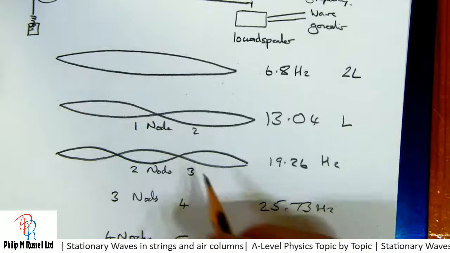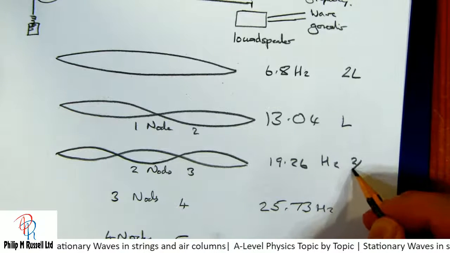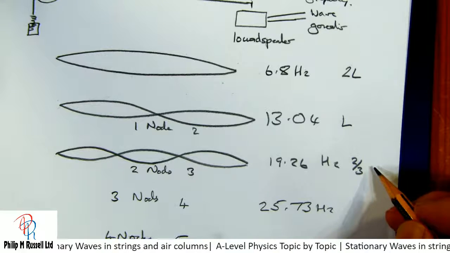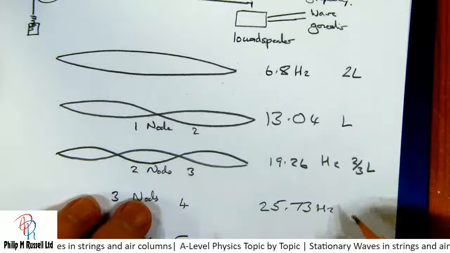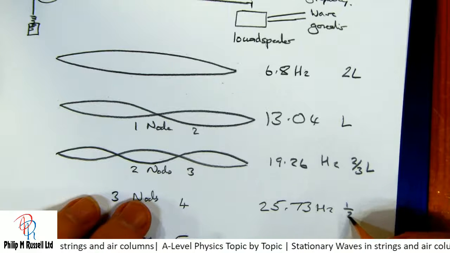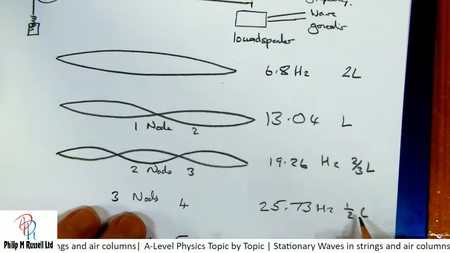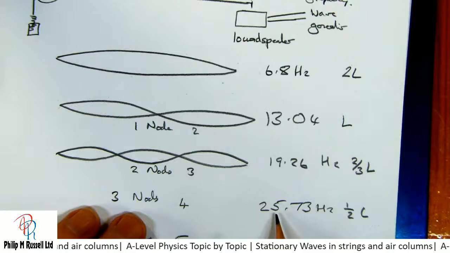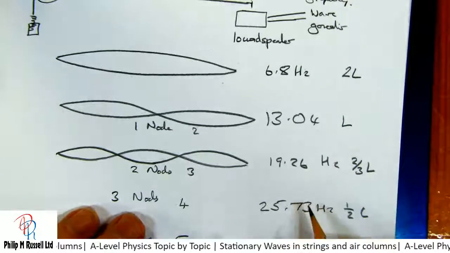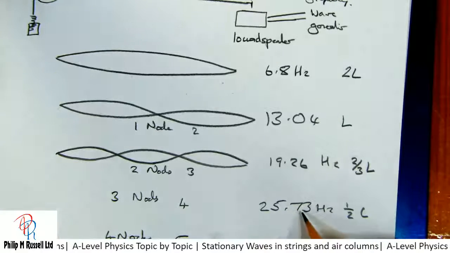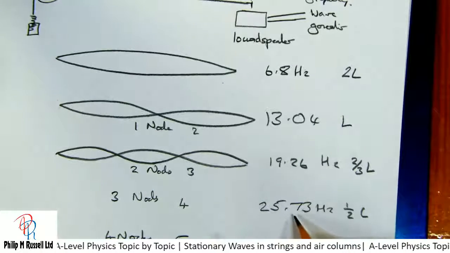This one here is going to be 2/3 of an L, and when we get to 4 waves here, we're on half an L, and we're looking at 25.73. It should be about 26, so we're not very far out.